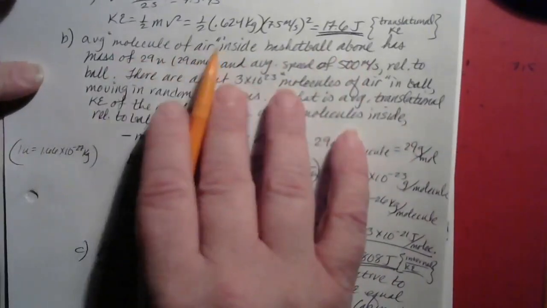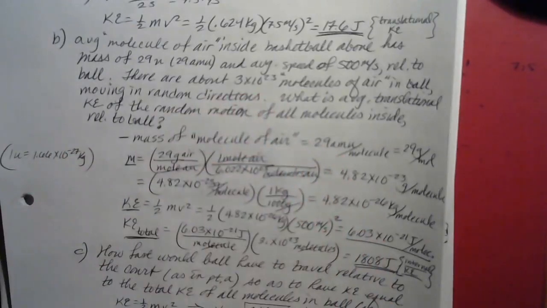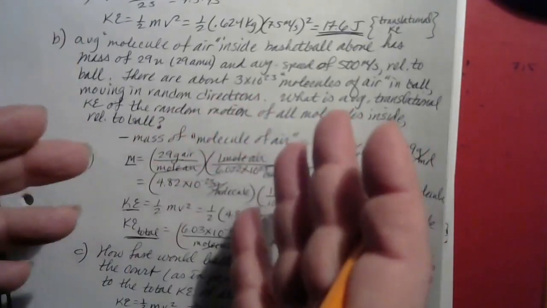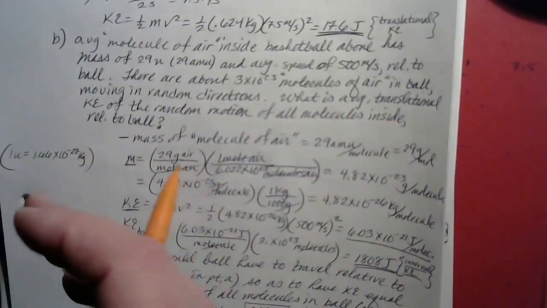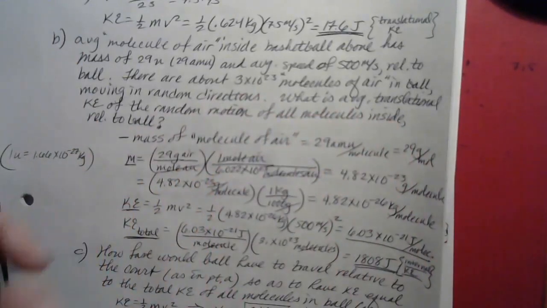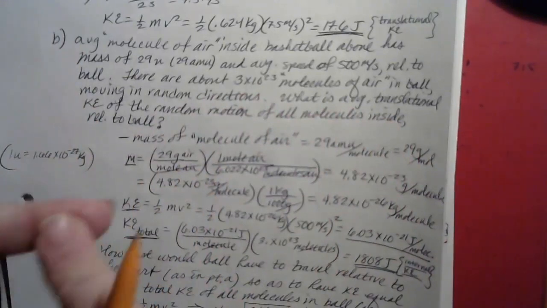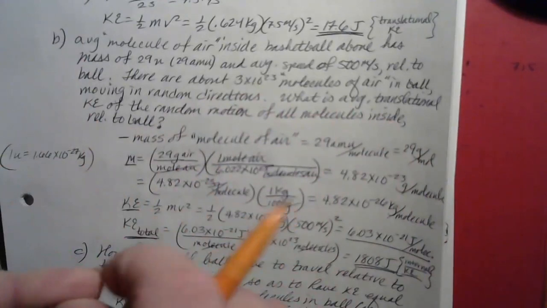It says here, the average molecule of air inside a basketball. Now I put that in quotation marks because, of course, this not being chemistry, we didn't really cover this, but air is not a pure substance. Air is a mixture of different substances. The air we breathe here on Earth is mostly made up of nitrogen, something like 79% nitrogen, and about 23% oxygen, and then fractions of a percent of things like carbon dioxide and water vapor.